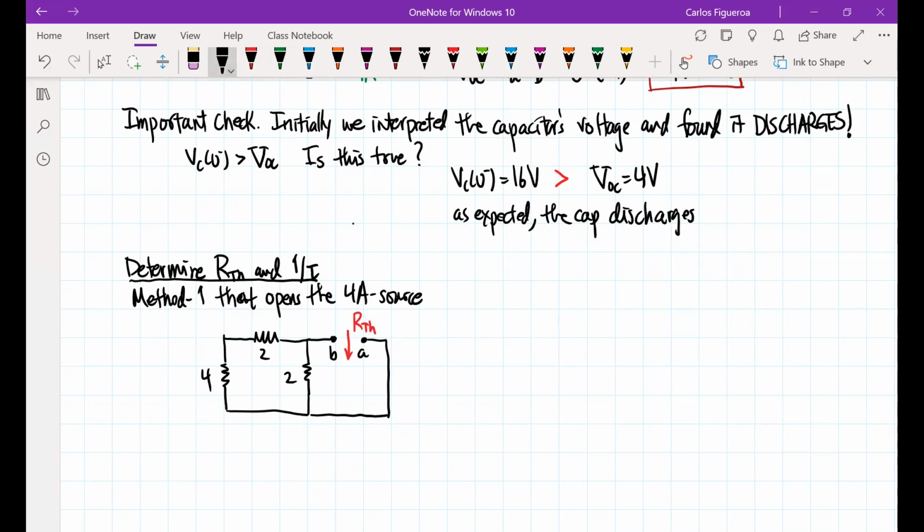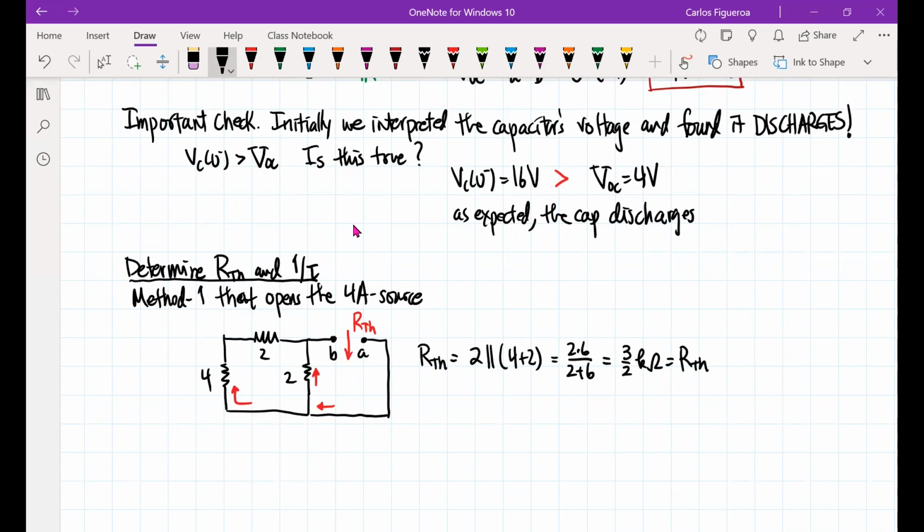There are lots of ways to look at this, but if I follow the current, you can see that the 4 and the 2 are in series. So RTH is going to be 2 parallel to 4 plus 2. That is 2 times 6 divided by 2 plus 6, which gives me 3/2 kilo ohms for RTH.